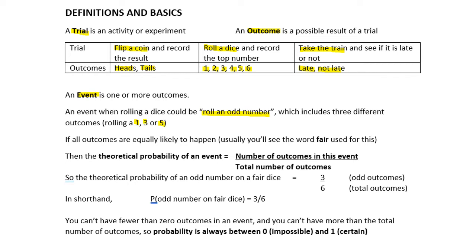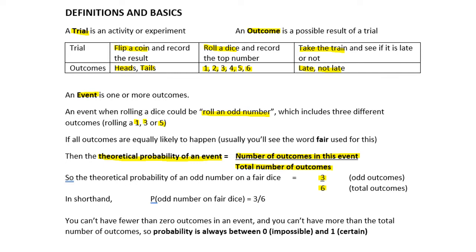Because these are all equally likely, we can come up with a general formula for the theoretical probability of an event, which is the number of outcomes that make up that event divided by the total number of outcomes, full stop. So go back to our rolling an odd number example. The probability of rolling an odd number is 3, because there are 3 odd outcomes, over 6, because there are 6 total outcomes.